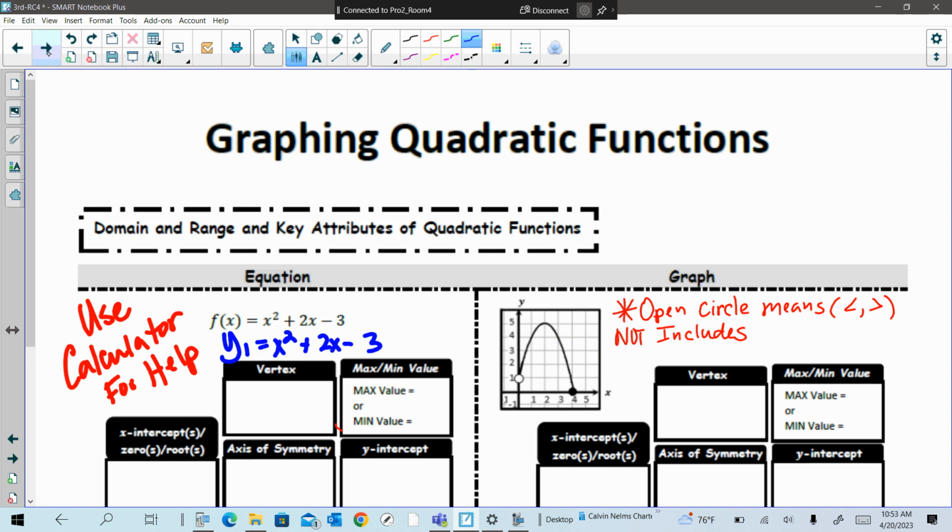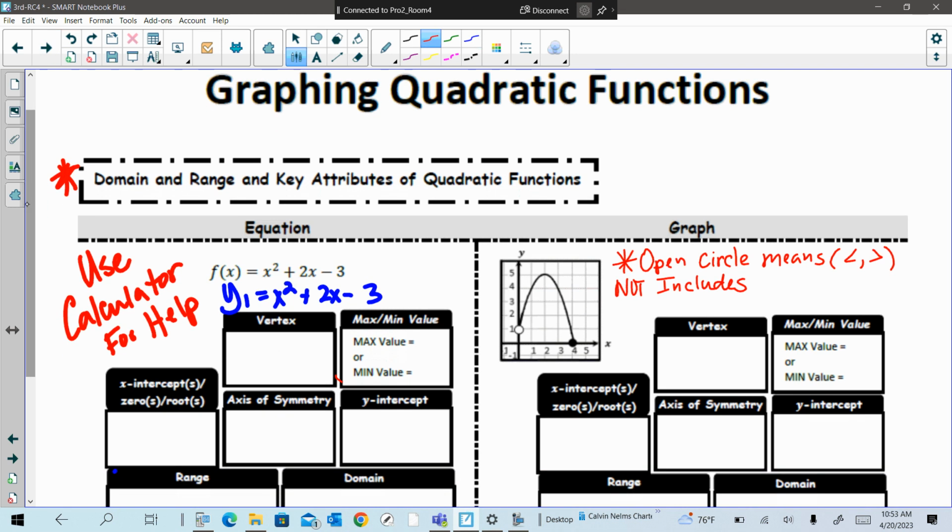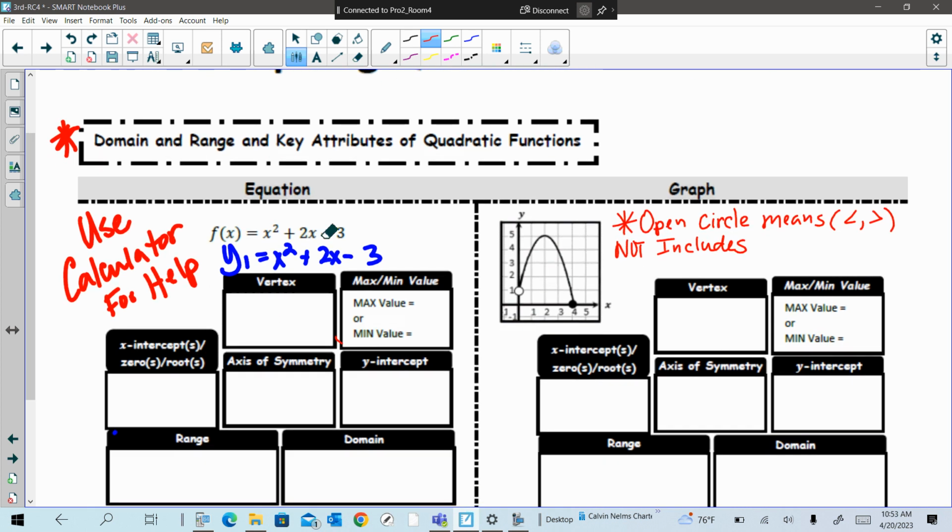Graphing quadratic functions. We need to make sure you know all the key attributes of the quadratic function. So, little note, if I give you the function, use the calculator to graph it for you. Go ahead and put y1 as x squared plus 2x minus 3 in the calculator.